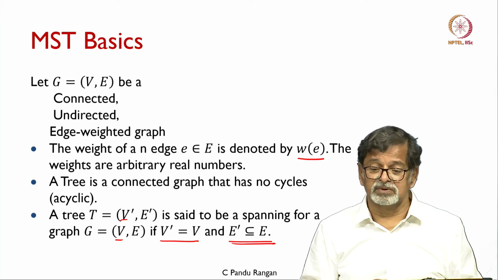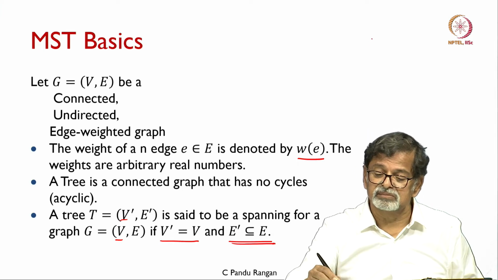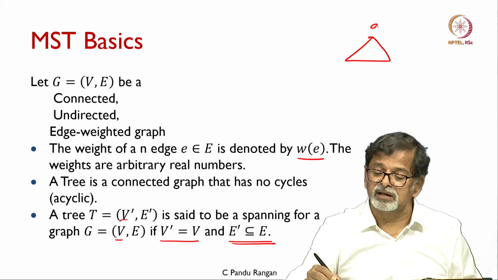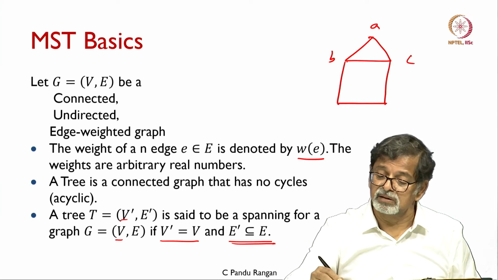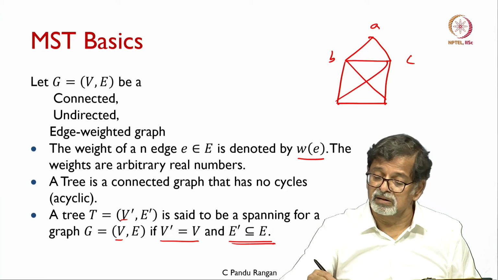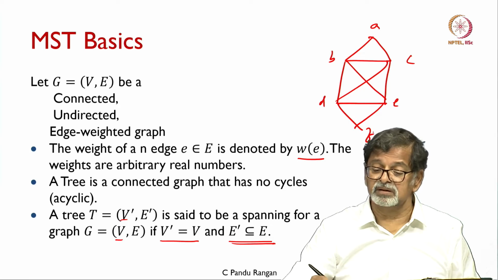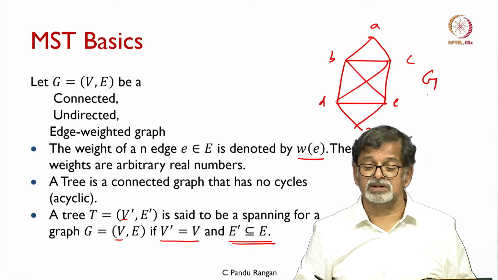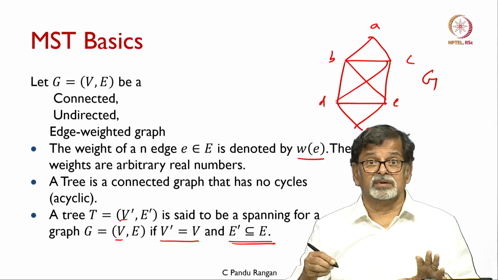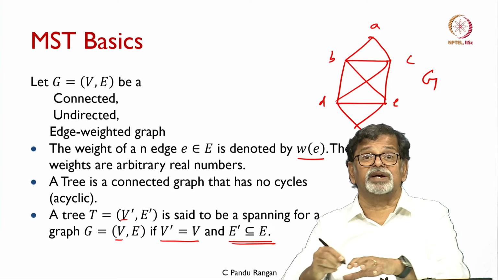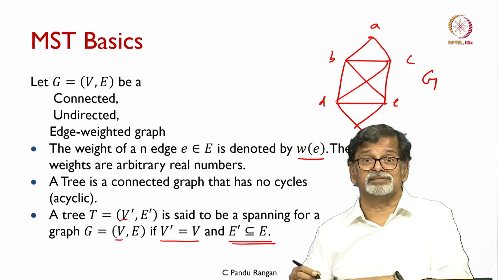Vertex set is the same. So, you are given a G, let us say A, B, C, D, E, F. Let us say this is the graph G. With the same vertex set, I am going to use a subset of edges to build a tree.